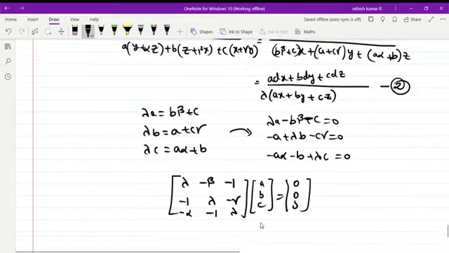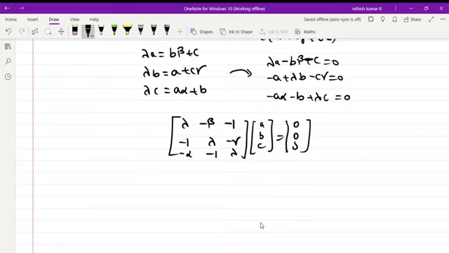This system has a non-trivial solution only if the determinant of this matrix is equal to 0.